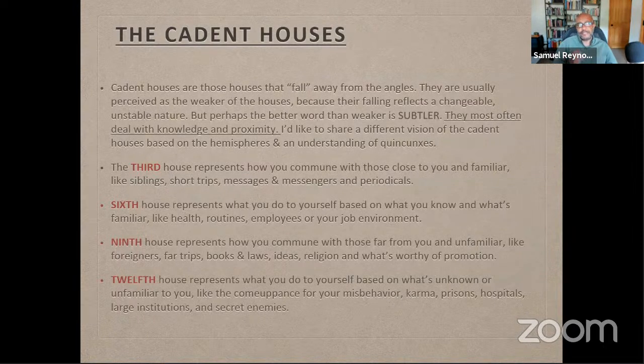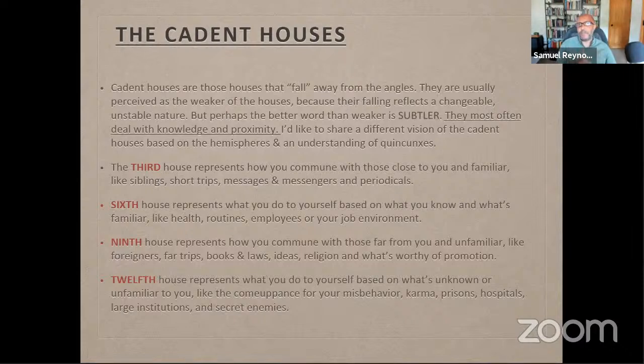These houses are usually described as the weaker of the houses. I'm putting that in scare quotes, and I'll come back to that in a second, because their falling reflects a changeable, unstable nature, just like if a king or a queen falls, for whatever reason, or because they are overthrown, they're in a certain level of instability.